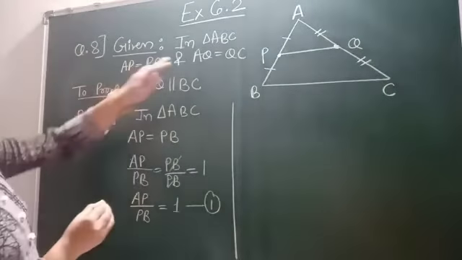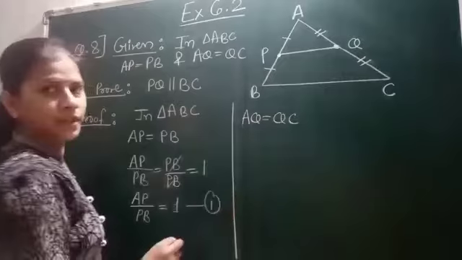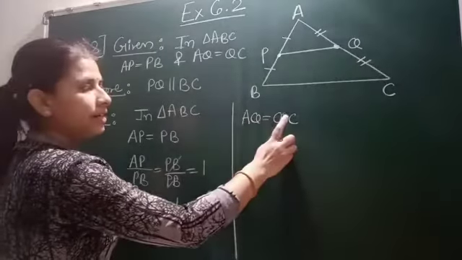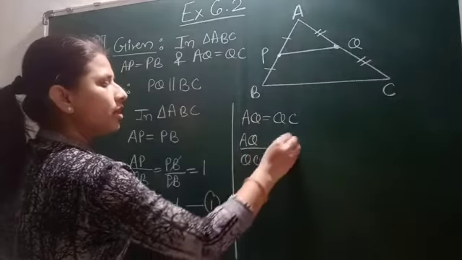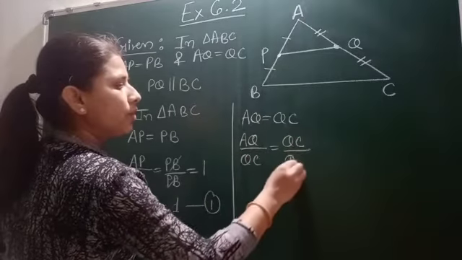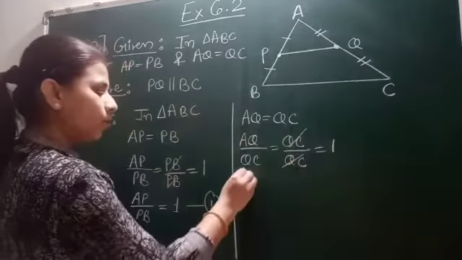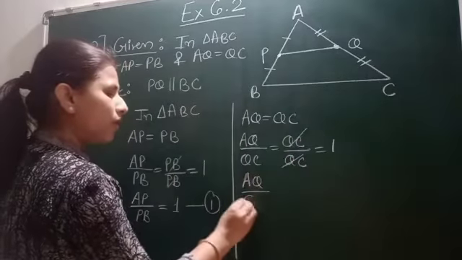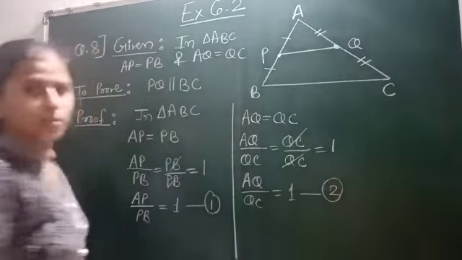Now again, it is given that AQ equals QC. If we divide both sides by QC, what will we get? AQ upon QC equals QC upon QC. QC cancels with QC and again we will get 1. AQ upon QC equals 1. Suppose this is our equation number 2.